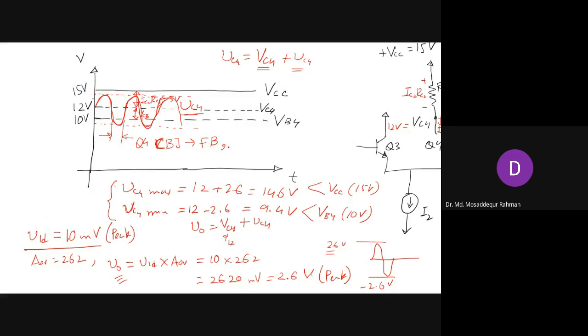What will happen during that time? So VC is less than VB4. You can't see the diagram here. Yes, sir. So what happens during this time interval? Is it greater or lower? Lower. So what happens if it gets lower than VB4?